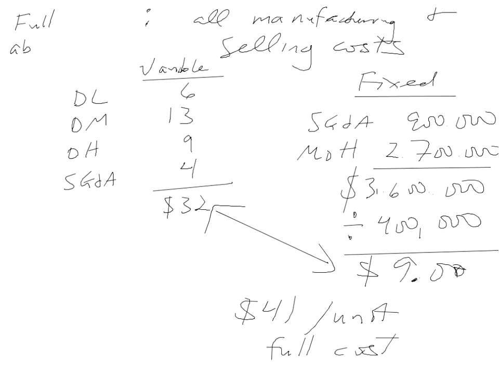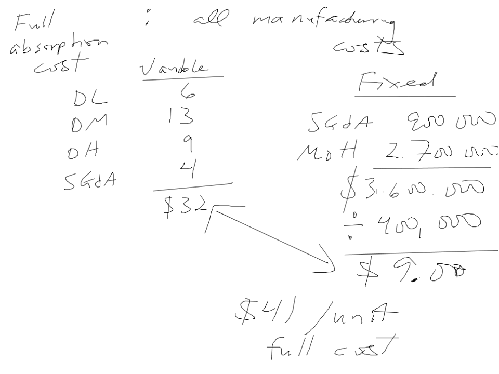And if you look at the book, it tells us that for full absorption cost, we're not concerned about selling cost. We're just concerned about manufacturing cost. So how does that change what we've done so far?